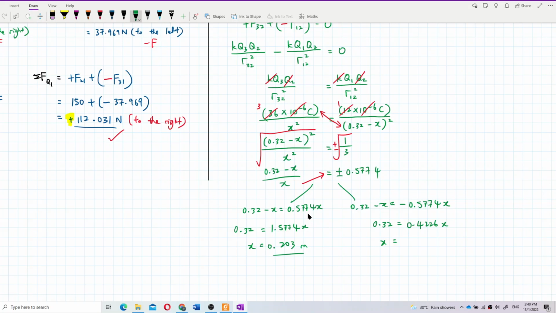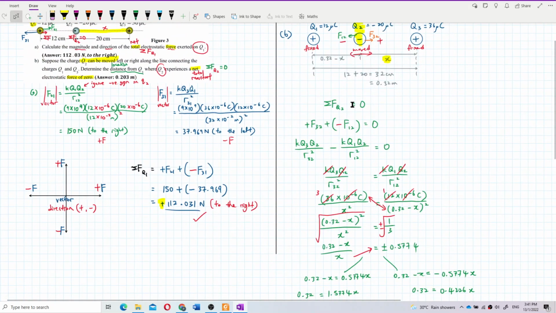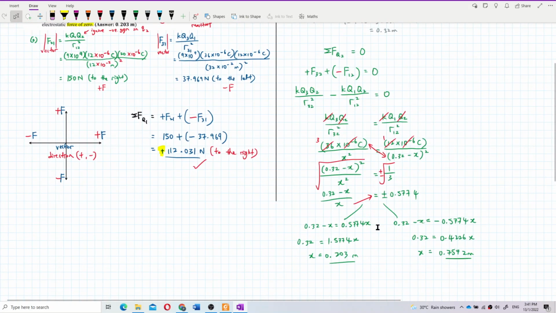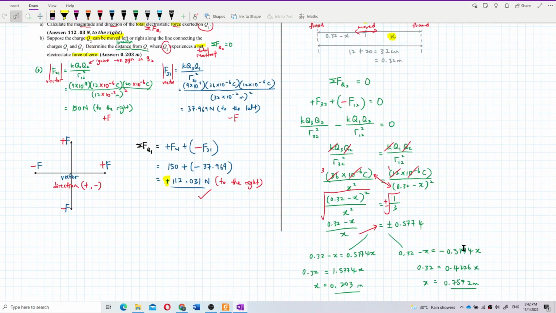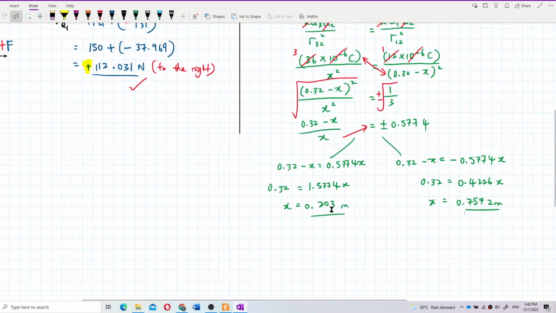The answer is 0.7572 meter. Okay, so which one is the correct answer? Is it 0.203 or 0.75?